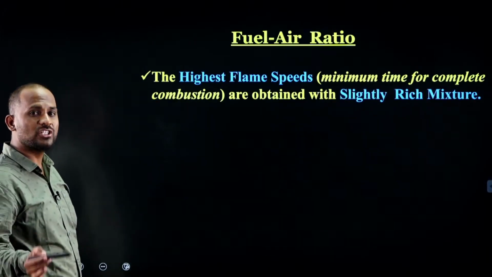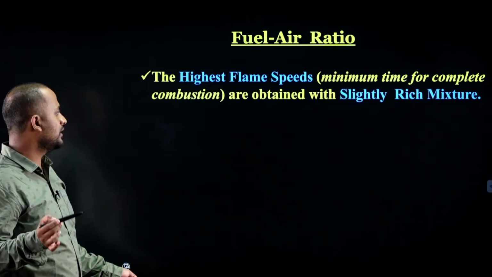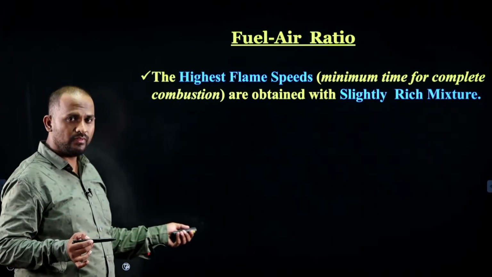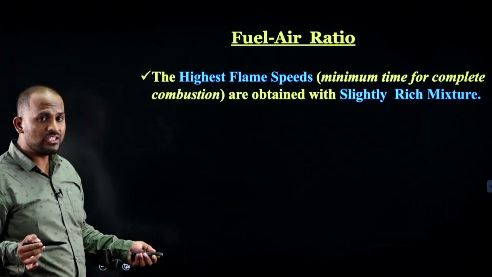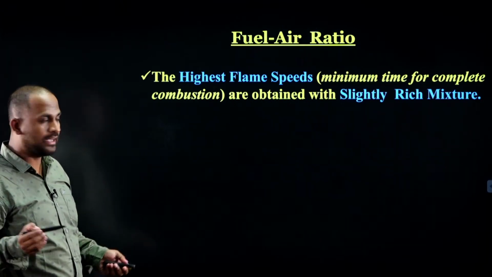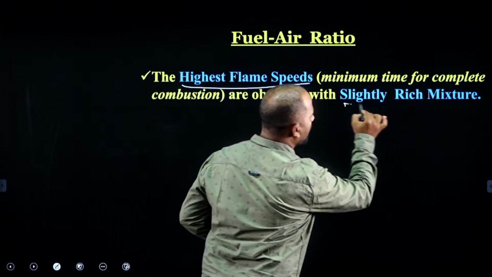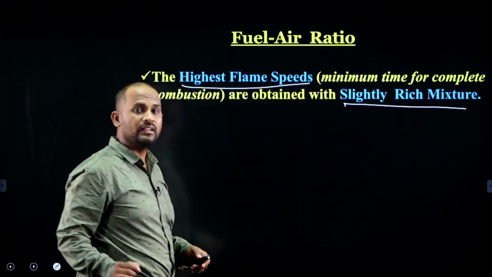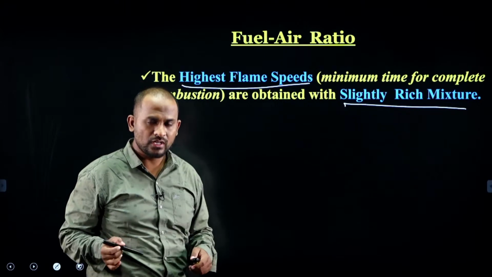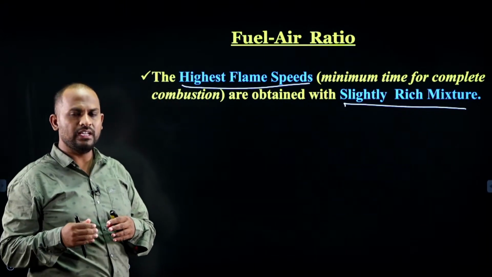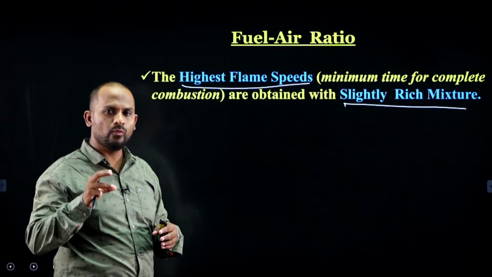Now coming to the next one, that is air fuel ratio. Generally the highest flame speeds are obtained at slightly rich mixtures, because when we use a lean mixture, the fuel content will be less.